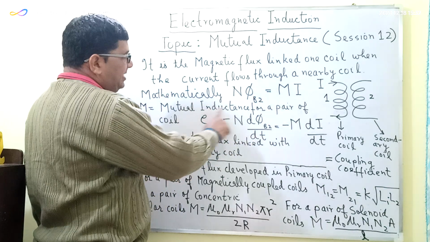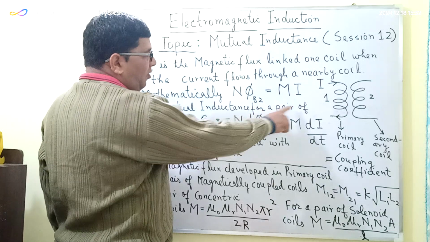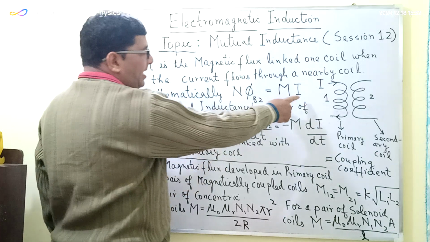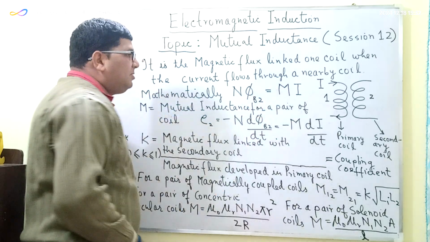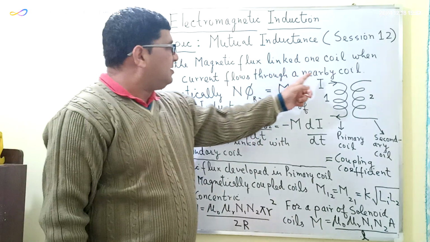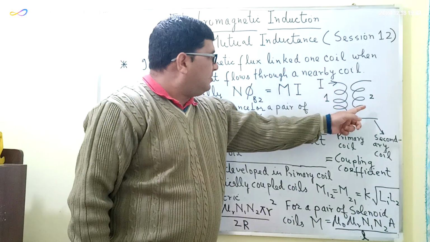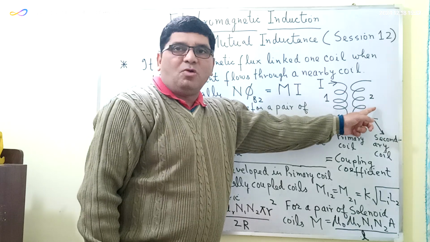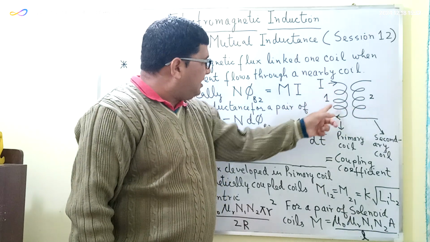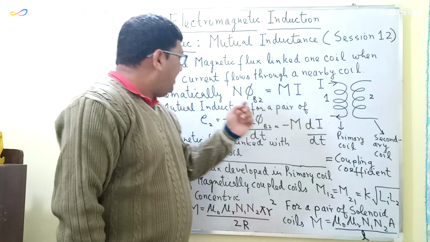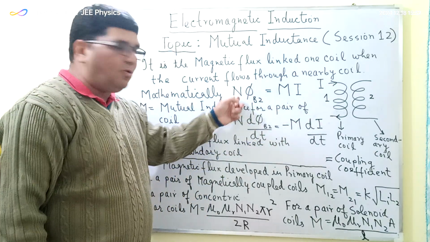is the mutual inductance for this pair of coils, I is the current which is flowing in coil number 1, and phi B2 is the magnetic flux which is linked with coil number 2 due to the flow of the current I in coil number 1. And here N is the number of turns in the coil.